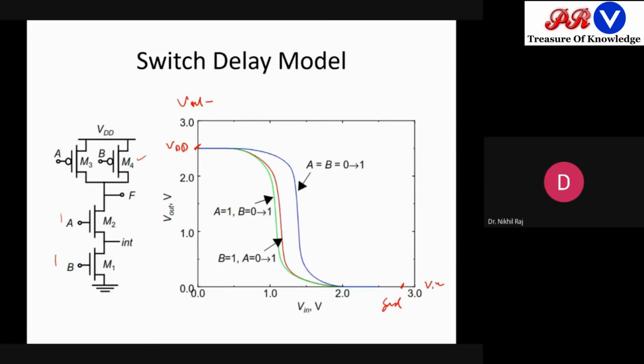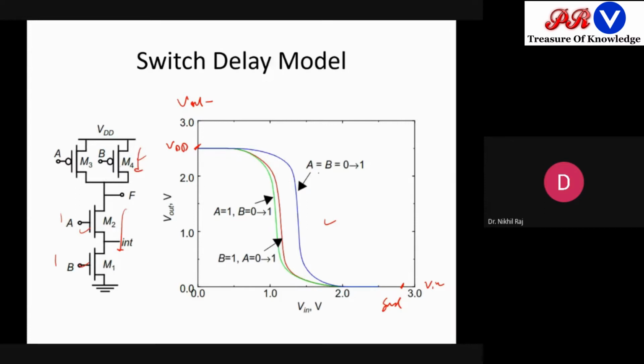So these two levels are there. And when you see the VTC curve, the DC characteristic, the slope comes like this. Okay, then this is the VTC characteristic. Now in this VTC characteristic, when A and B are equal, a strong path of 0 will be created if both are 1, and a strong path of 1 will be there if both are 0.